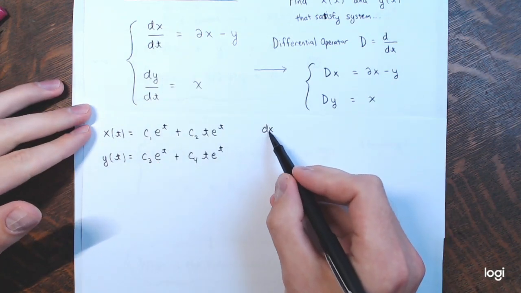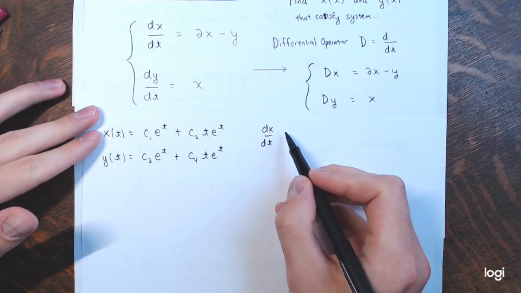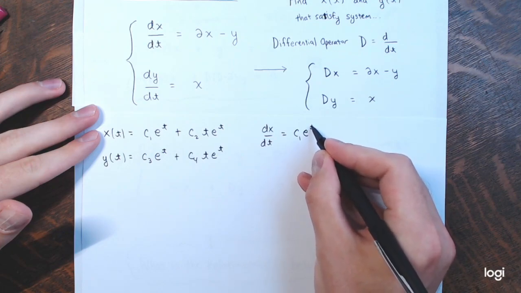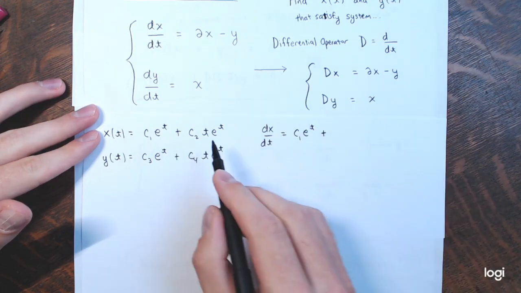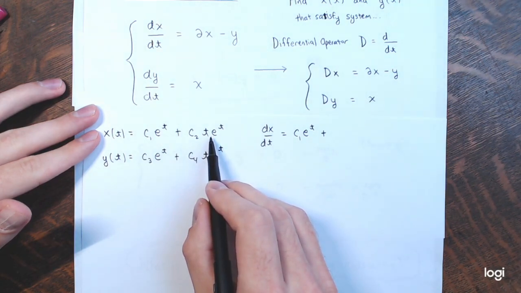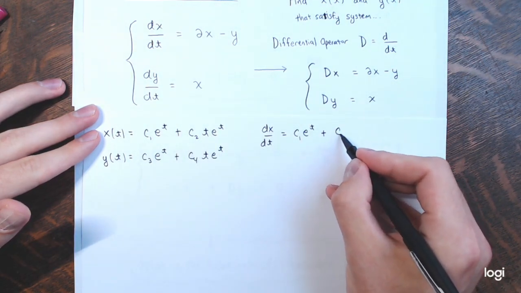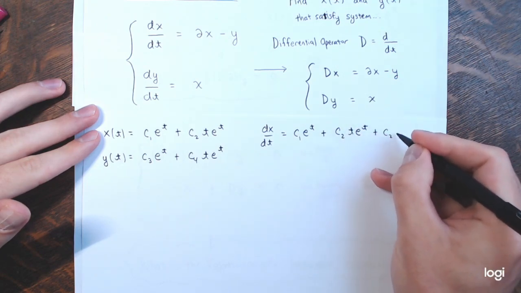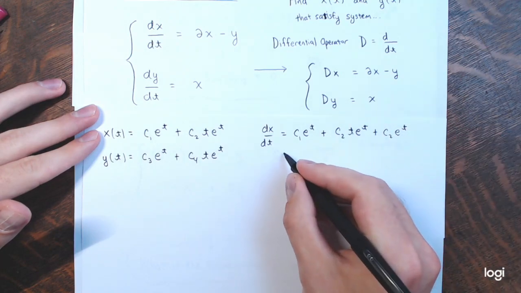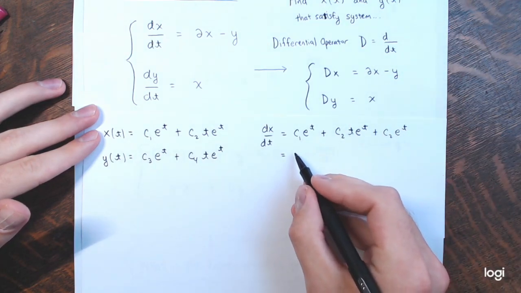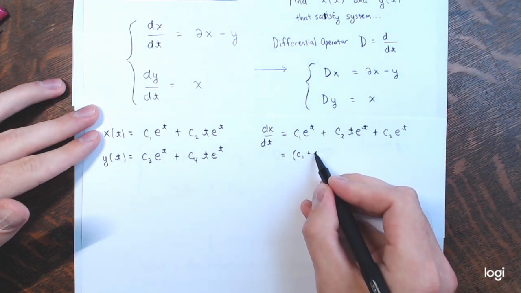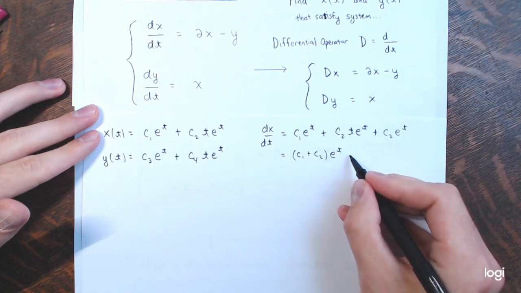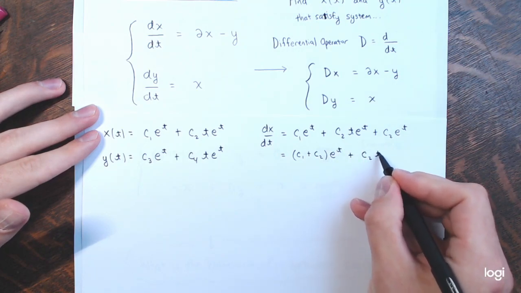So dx/dt would just be c1 times e to the t plus, for this next term, I'd use the product rule. So it would be c2 times t e to the t plus c2 e to the t. I could combine the e to the t's here and get c1 plus c2 times e to the t, then plus c2 times t e to the t.